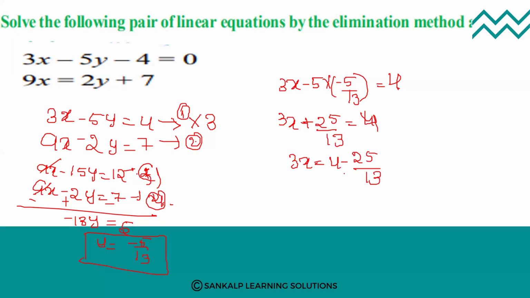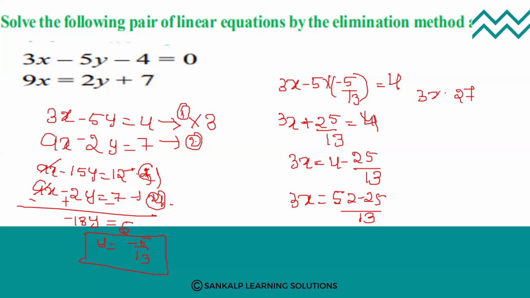So 3x is equal to 4 minus 25 divided by 13. 13 fours are 52, minus 25, divided by 13. 52 minus 25 is 27.